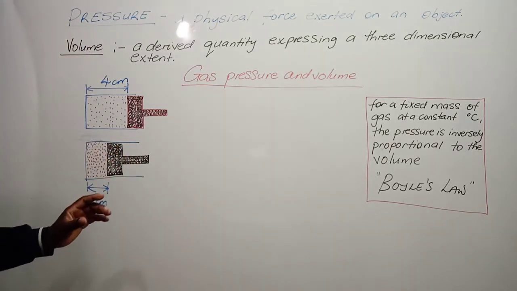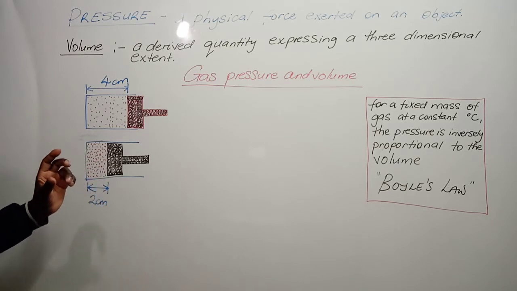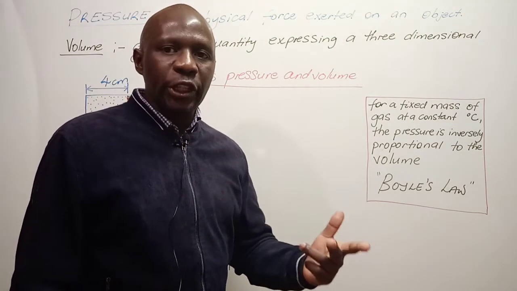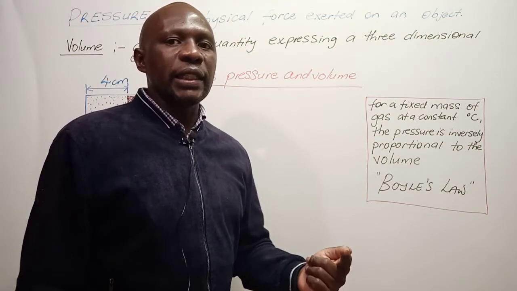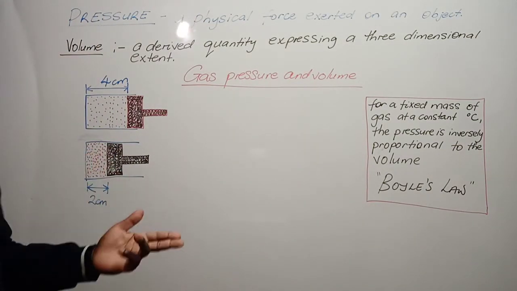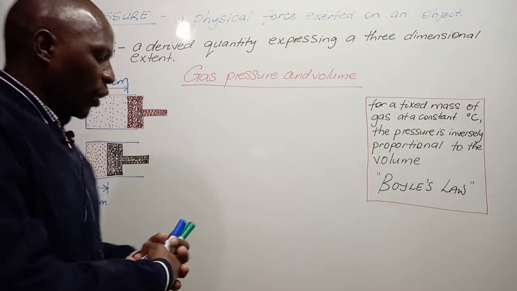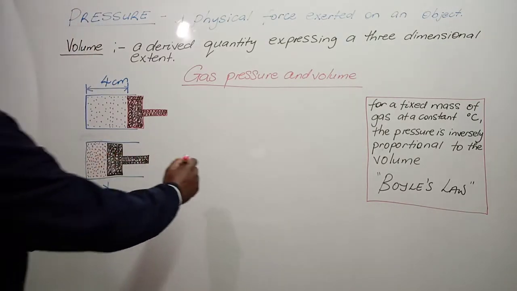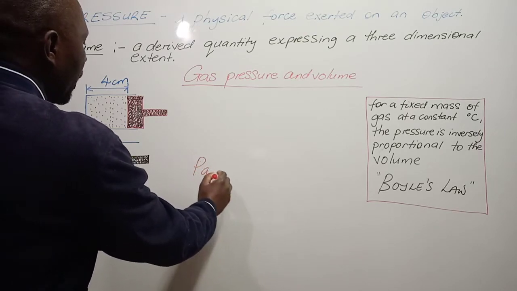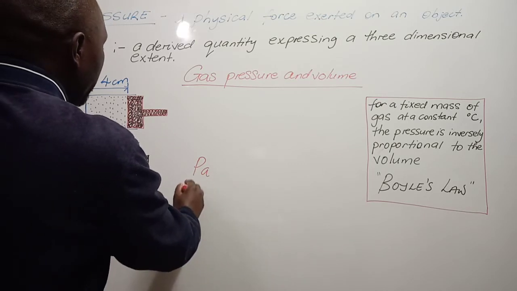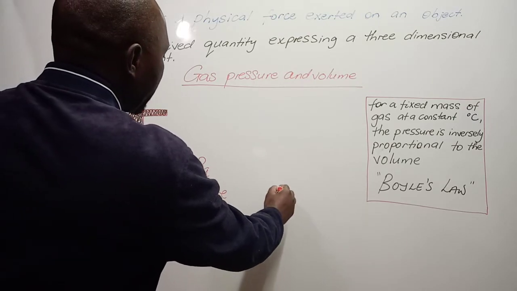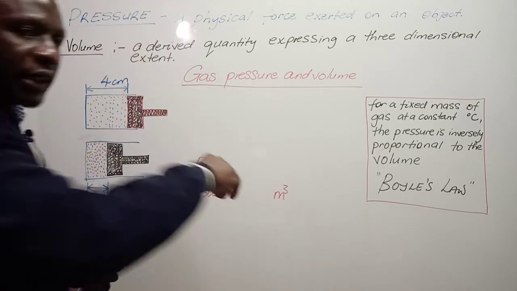So, in other words, there is a constant relationship that exists between pressure and volume. Pressure is expressed in pascals, whereas volume is expressed in cubic meters, right?